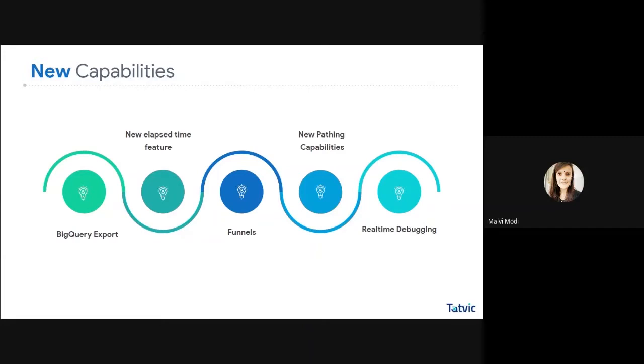Coming on to funnels, the new pathing capabilities and real-time debugging, I would like to mention that in GA4, now you can create meaningful pathing reports and perform analysis that was not possible in GA. With these reports, now you can select any event or page as the endpoint and then work backwards for the most common paths.